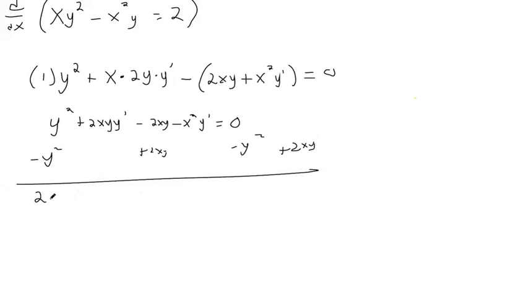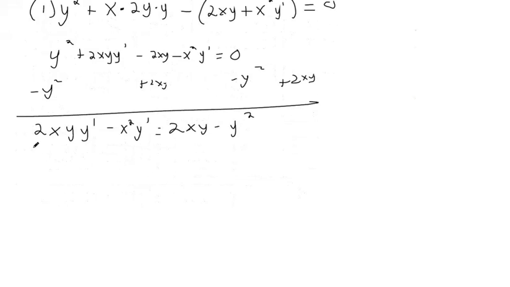So I'm left over on the left side with 2xy y prime minus x squared y prime equals, I'll put the positive term first, 2xy minus y squared. And I'm still trying to get y prime by itself. So let's factor out a y prime from both of these terms because they both have one y prime.